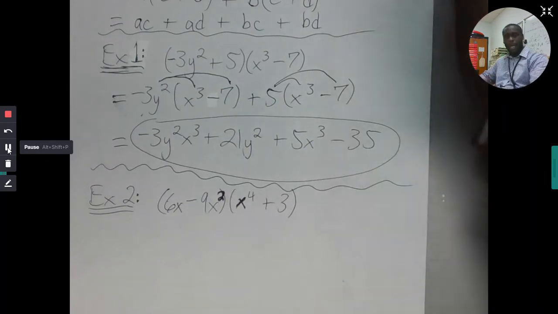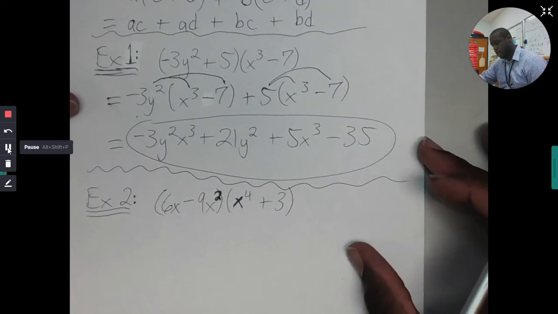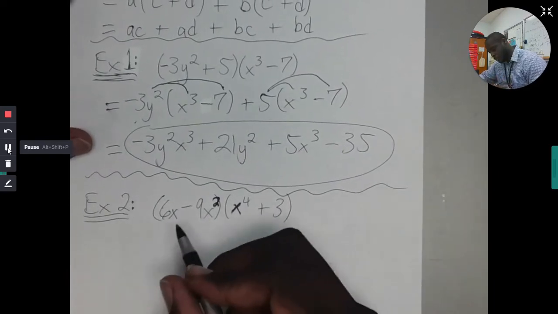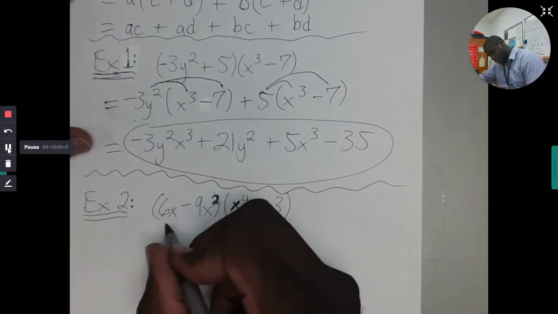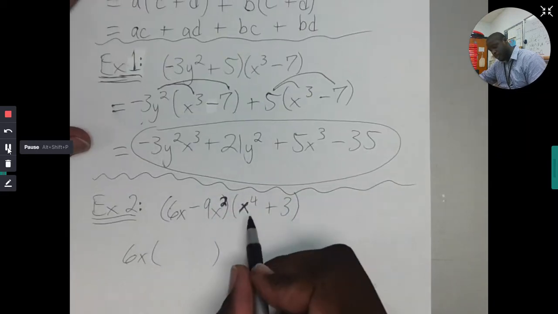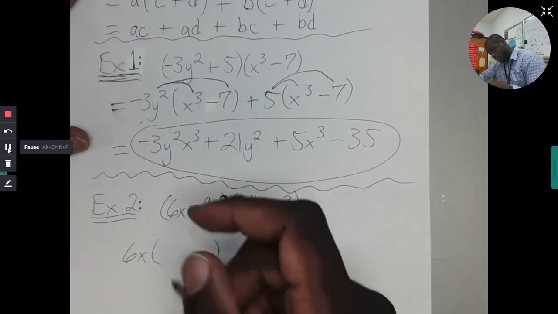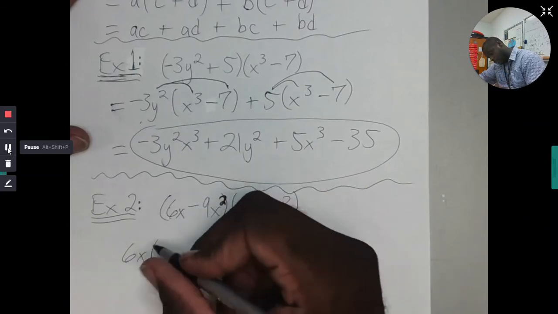So let's say we had this example here, second example for doing the extended distribution. So we want to take this 6x and we want to distribute it times both of the terms in this second binomial.